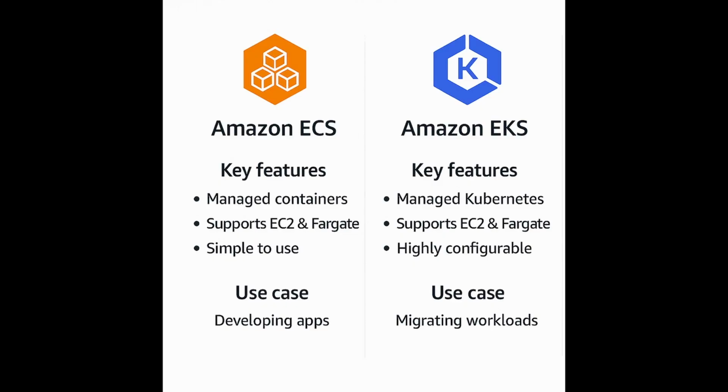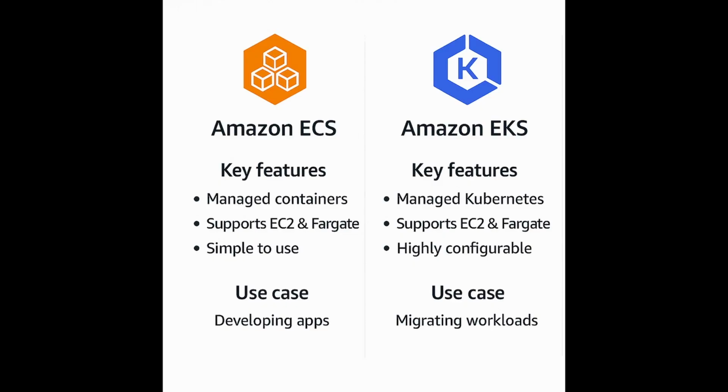On the other hand, you have Amazon EKS or Amazon Elastic Kubernetes Service. Kubernetes is an open source platform that automates containerized application deployment, scaling, and management. EKS makes it convenient to run Kubernetes clusters on AWS. It offers a lot of control and flexibility, especially for large scale or hybrid deployments.